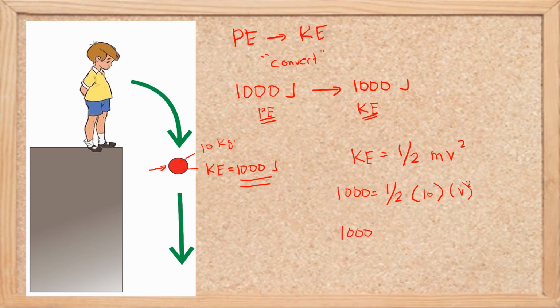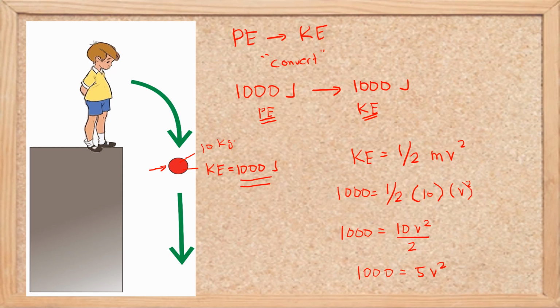So 1000 is equal to 10 v squared divided by 2, right? So we can divide 10 by 2, and you will get 5v squared, right?